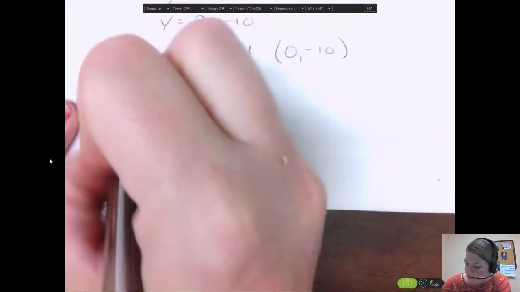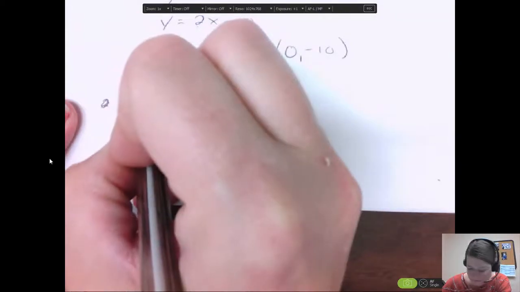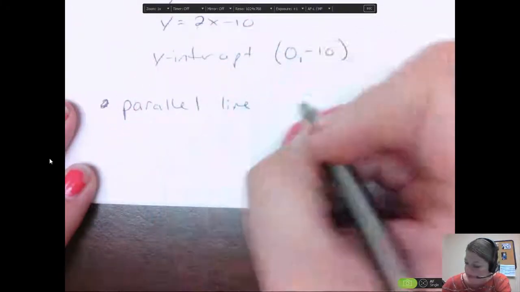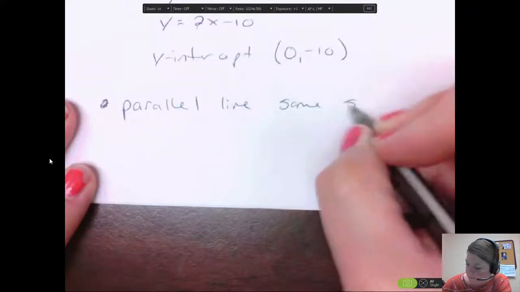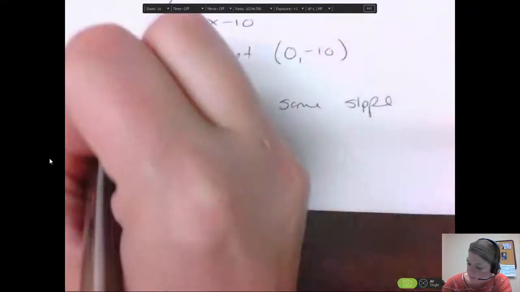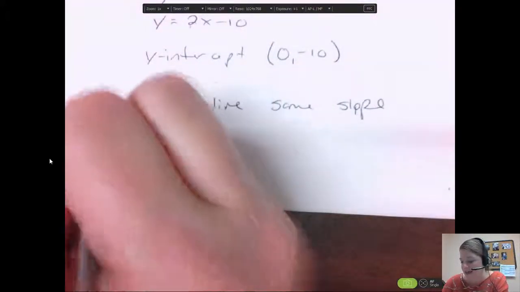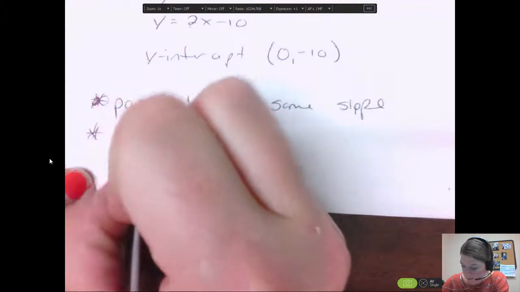Let's define these. Let's define parallel lines. They have the same slope. So parallel lines have the same slope. Perpendicular lines have, so let me write perpendicular.